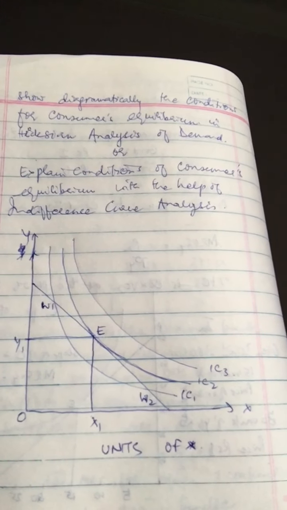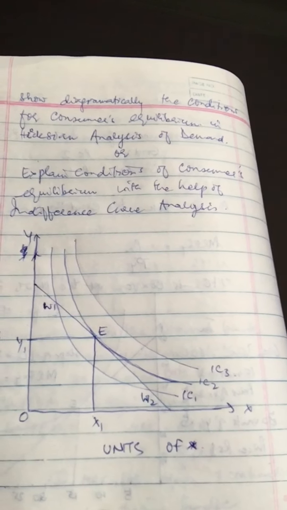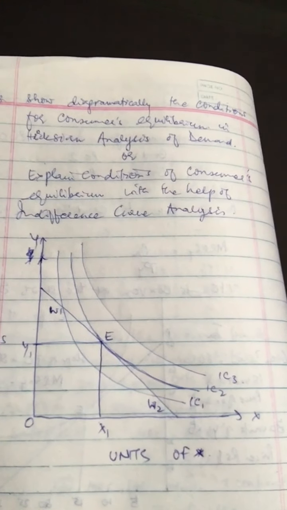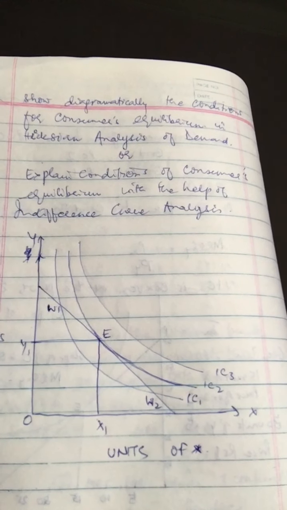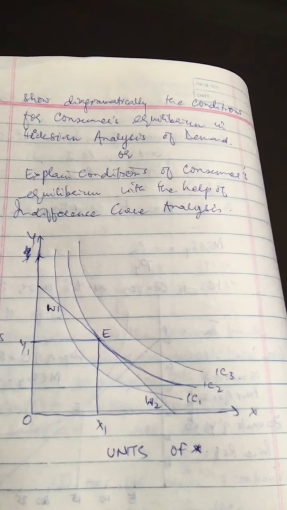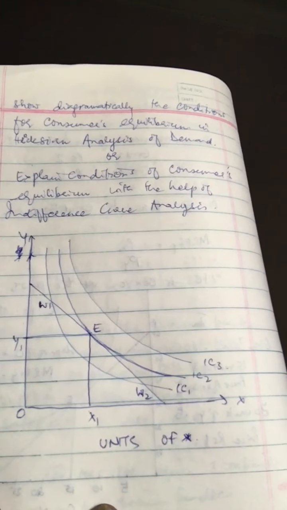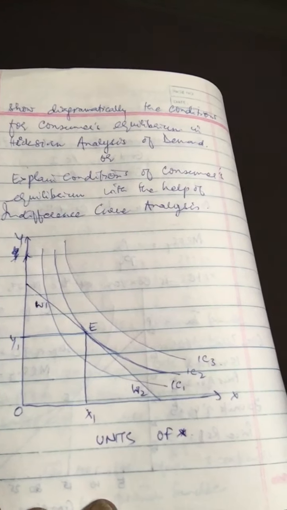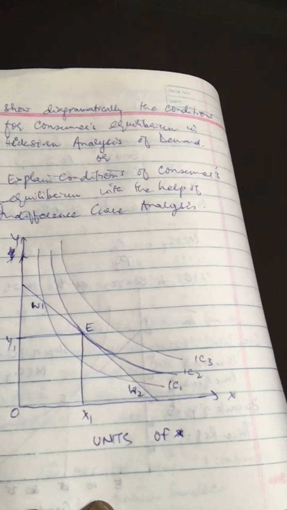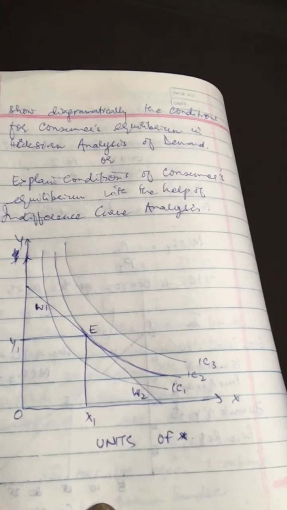Now suppose MRS is greater than Px upon Py, what will happen? Where MRS is equal to MRE, that is point E. If MRS is greater than Px upon Py, it means that the consumer is willing to pay more for X than the price prevailing in the market.